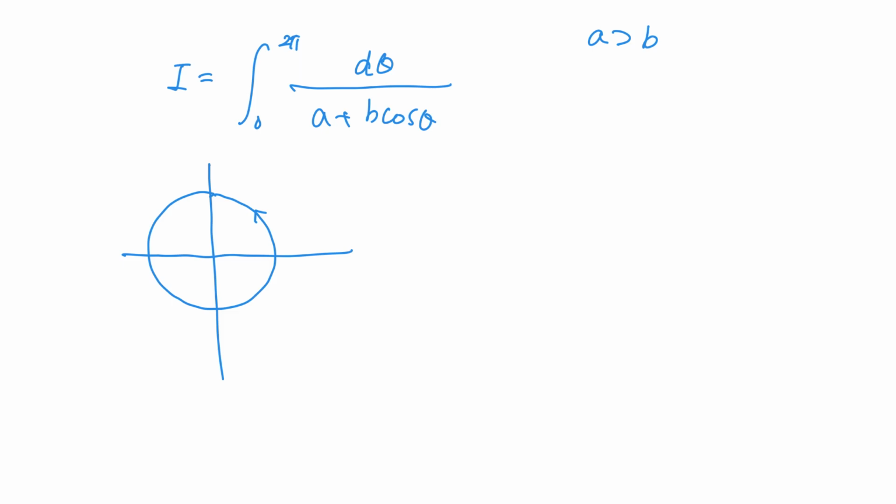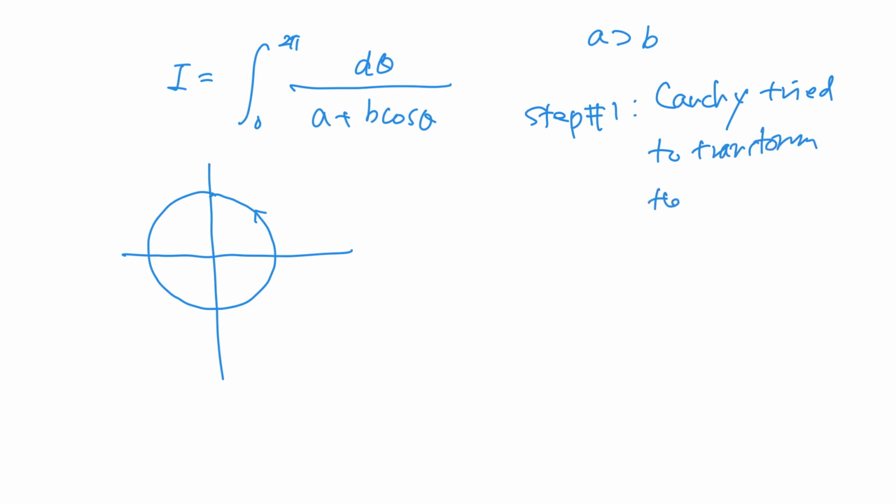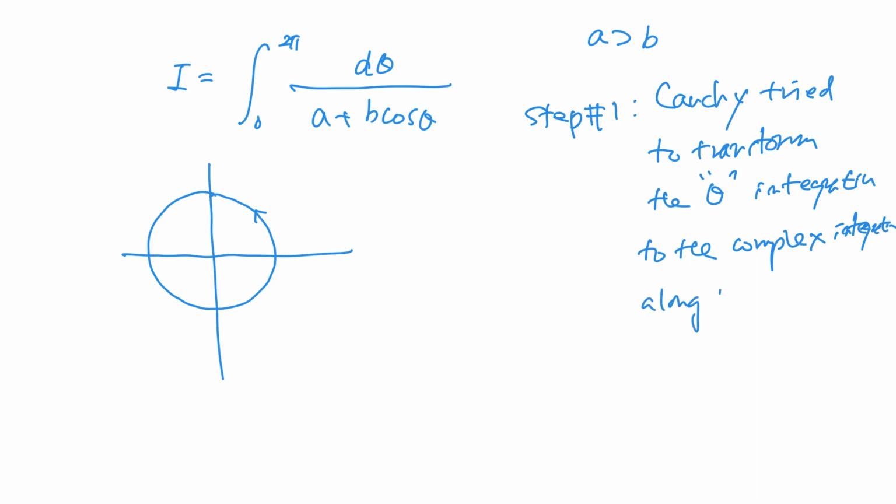The step number 1. Cauchy tried to transform the theta integration to the complex integration along the unit circle.